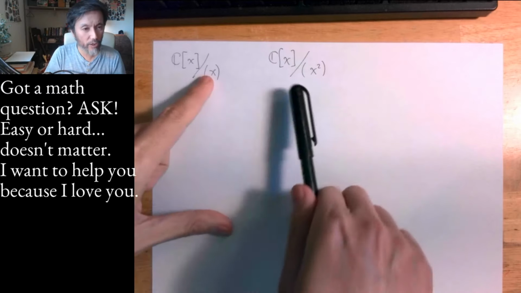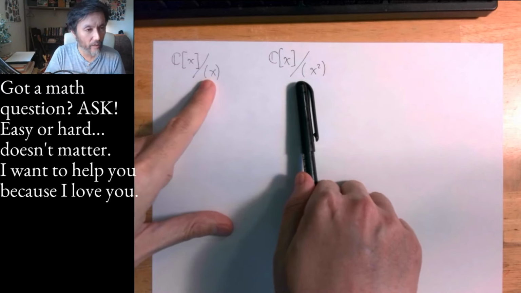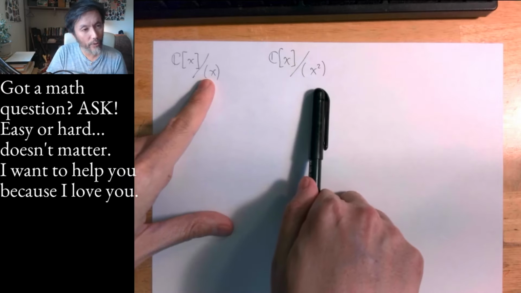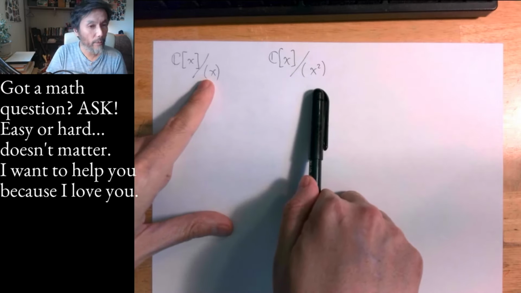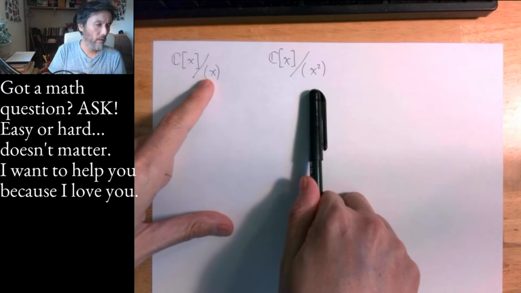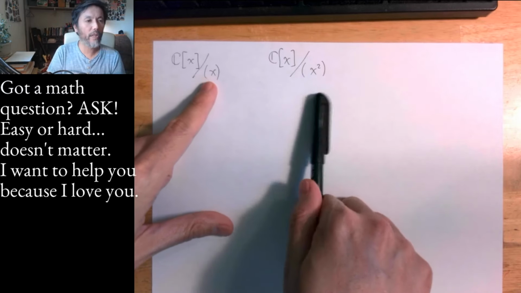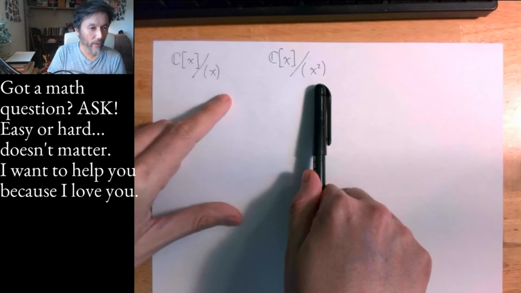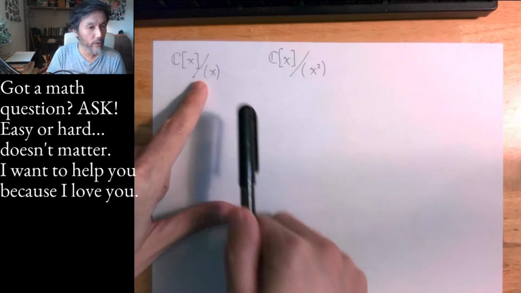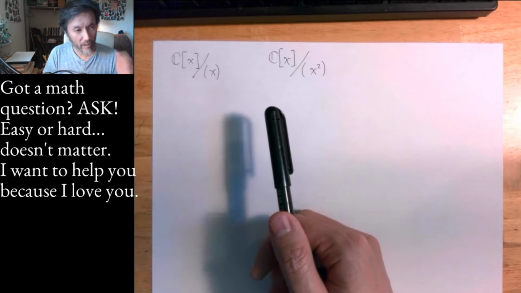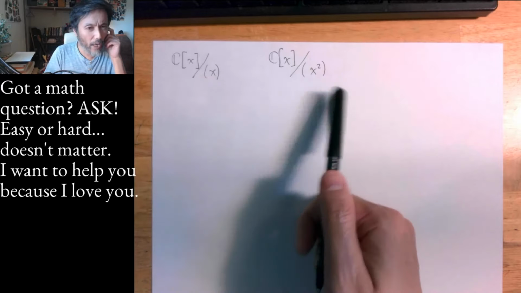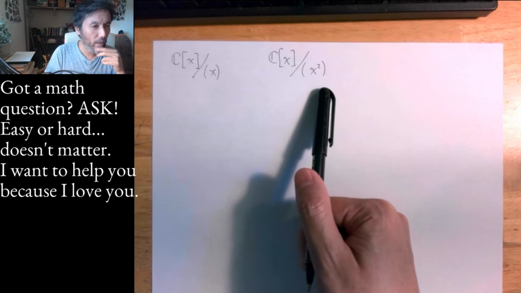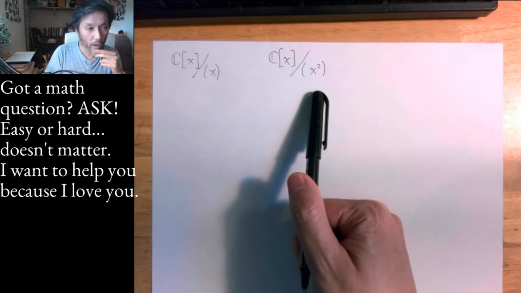I think there are certainly contexts in which you might want to think about, for example, this ideal, right? Because certainly there's something different about the set of functions that look like x squared times something versus the set of functions which look like x times something. Somehow the derivative of the functions in here are also all 0.